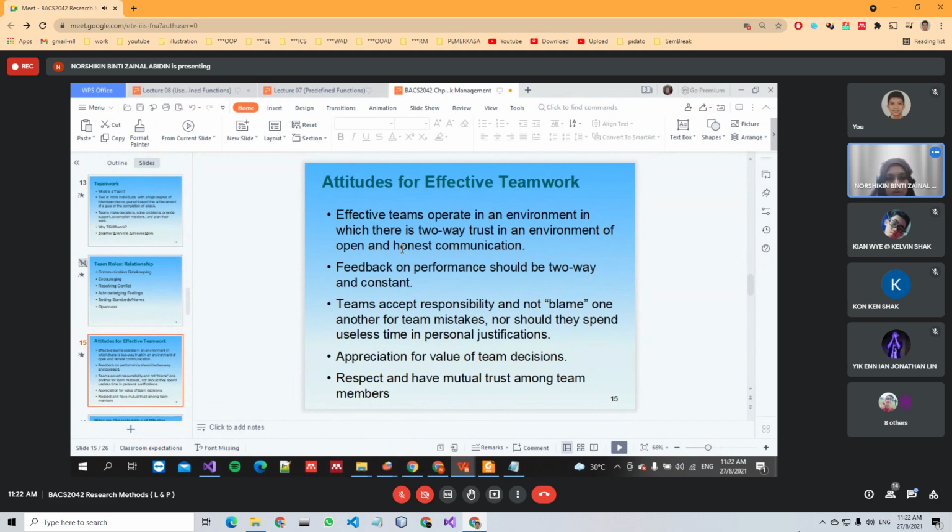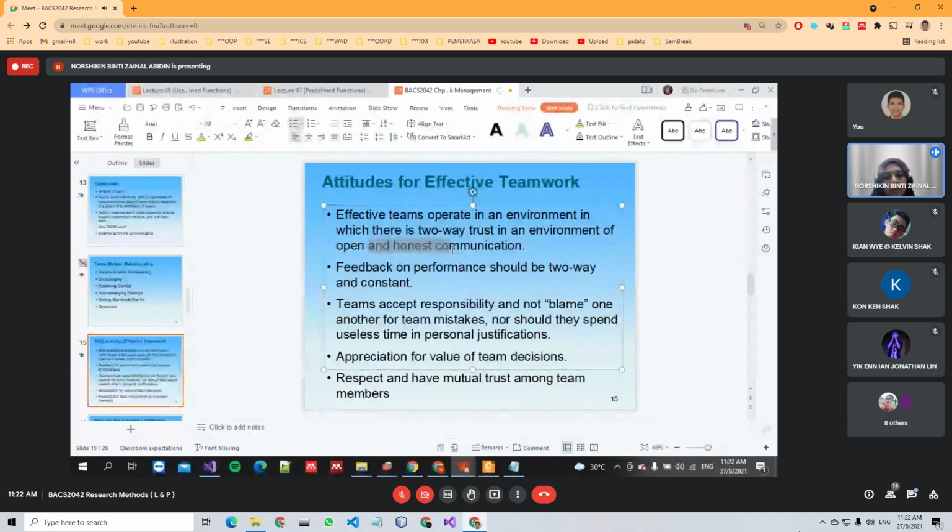I won't say that's wrong, but don't put everything on your leader. He is a student just like you, a staff just like you. We have equal responsibility. So it is a two-way trust environment of open and honest communication.